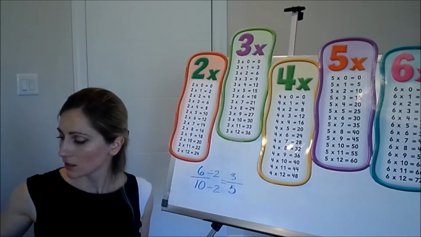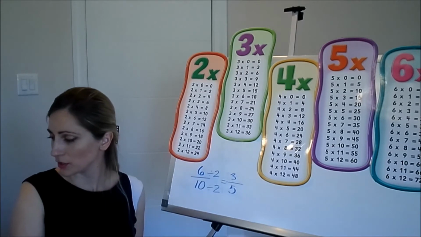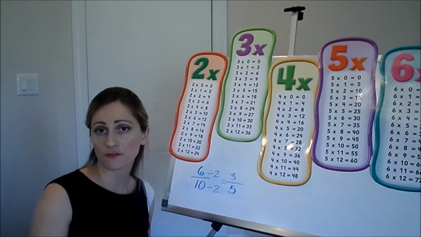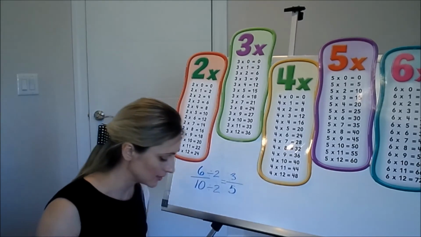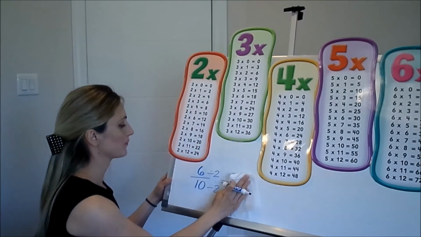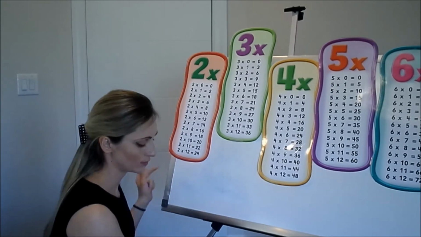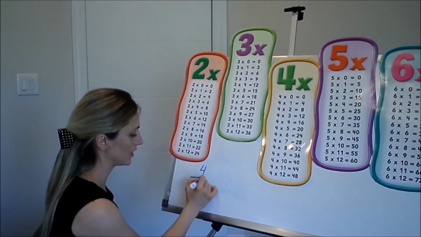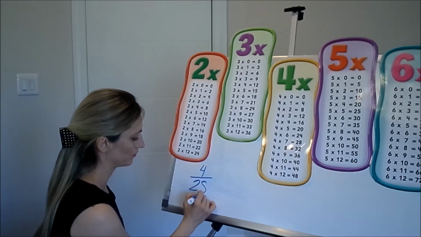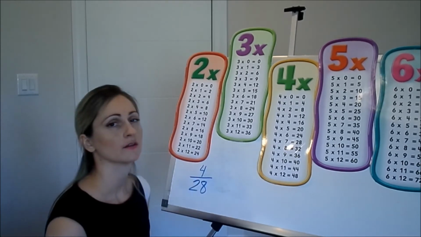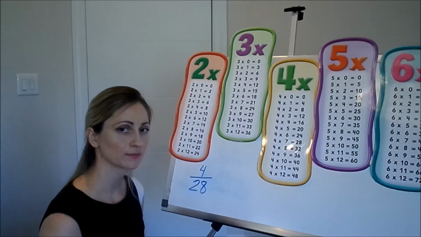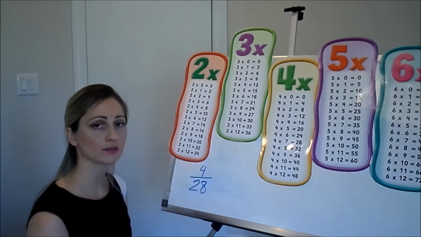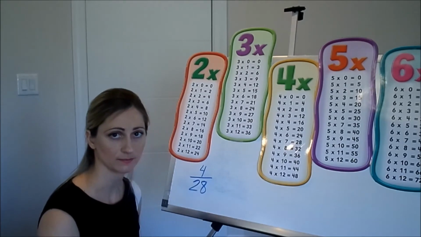Okay? Let's move over to page 236, number 4A, B, and C. Let's try those. You have 4/28. All right, remember what to ask yourself? What multiplication train are both 4 and 28 multiples on?